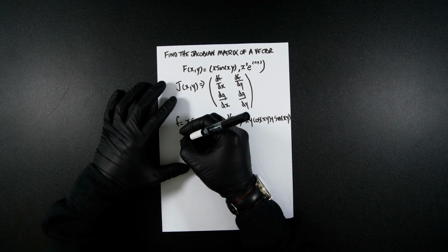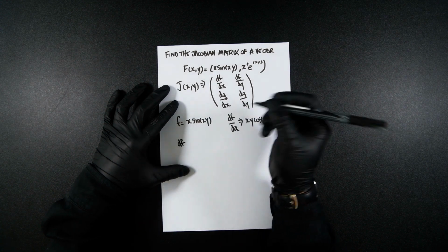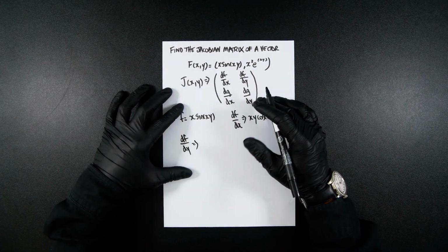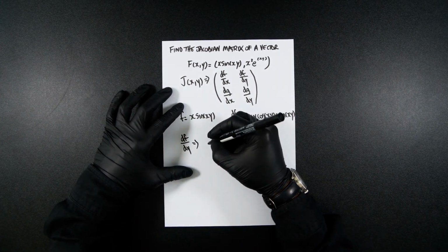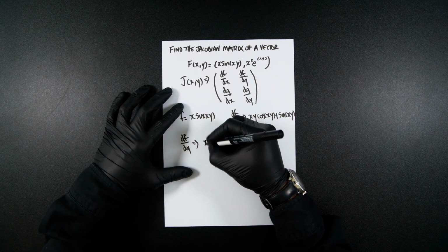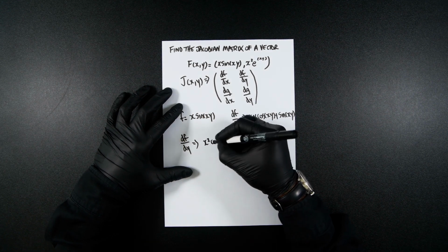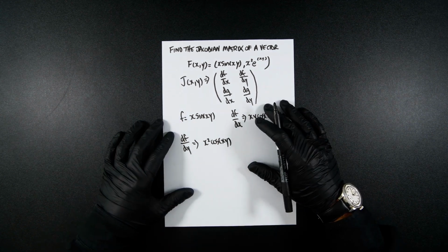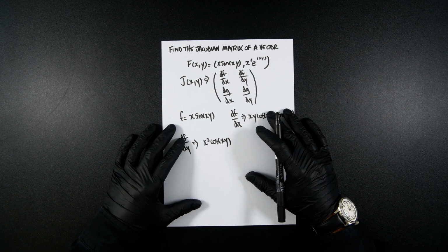Let's now do df/dy, which is a lot easier because it's going to just be x squared cos xy, because we've held those x terms constant. We're only looking at the y terms.